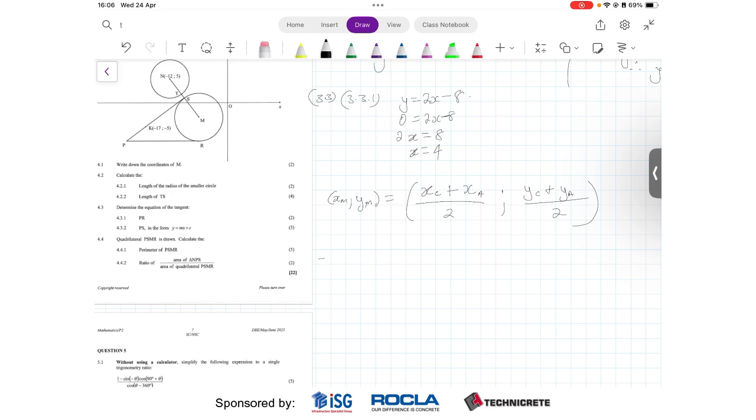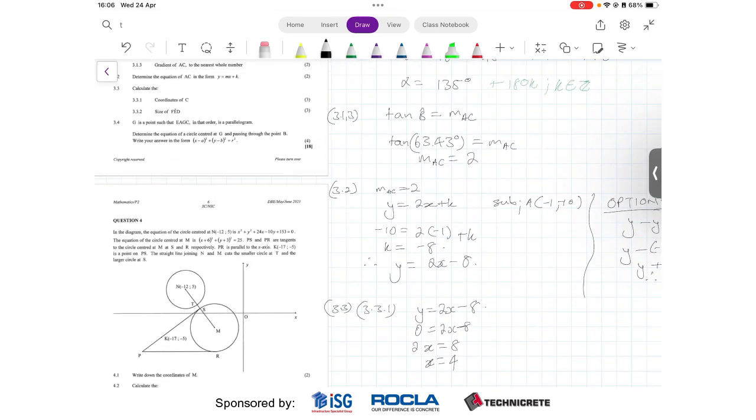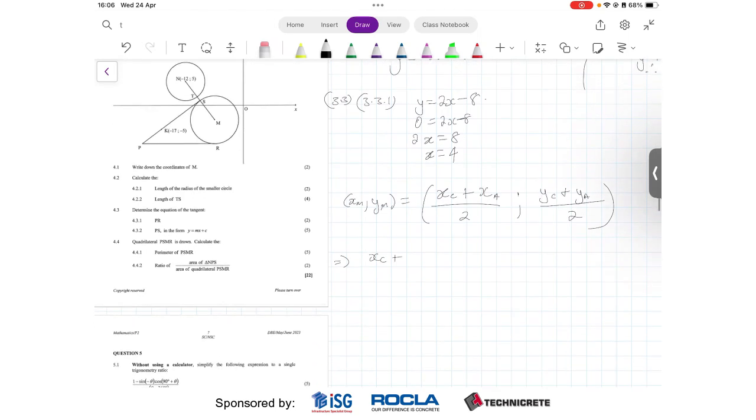Now what this tells you is that XC plus the x coordinate of A, which is -1, divided by 2 is equal to the x coordinate of the midpoint, which we just found to be 4. So we finally find that x of C is equal to 9.